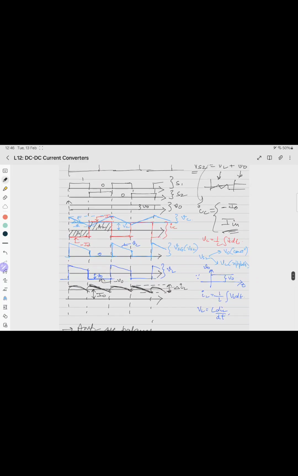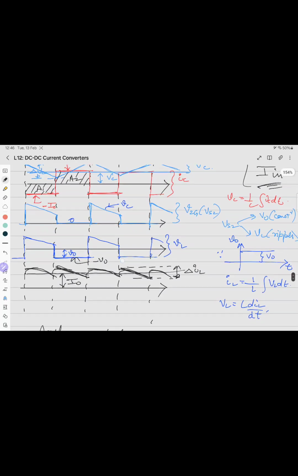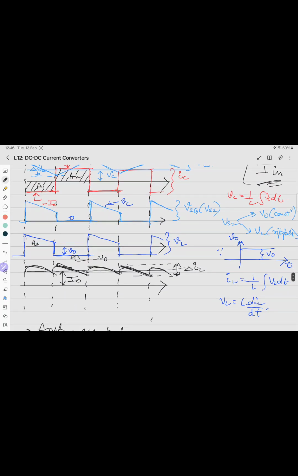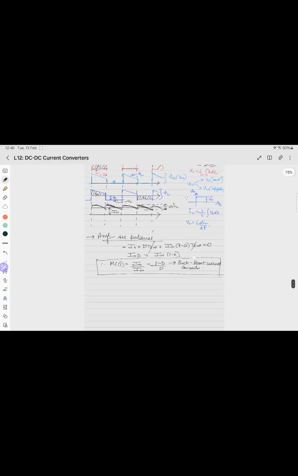Similarly for volt second balance, this is A3. This is A4. What is A4? A4 is V0 into 1 minus D into T switching. So that you can use to find.